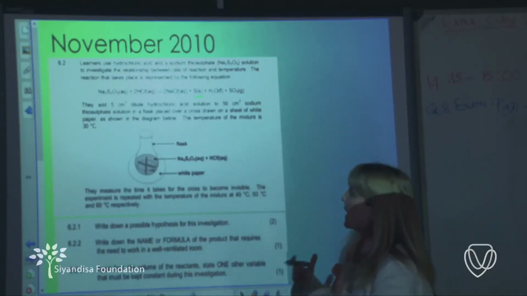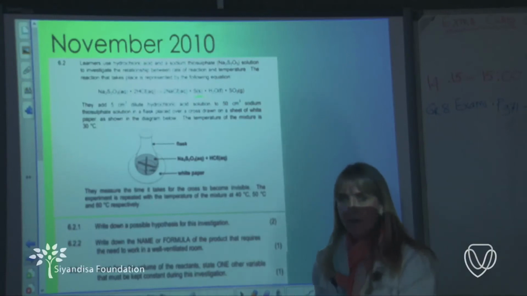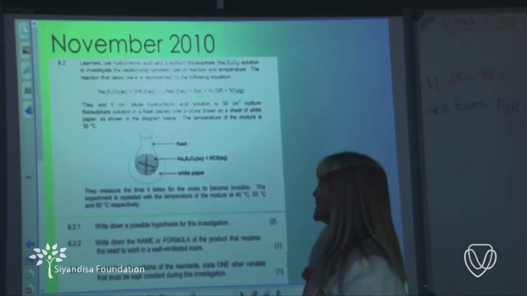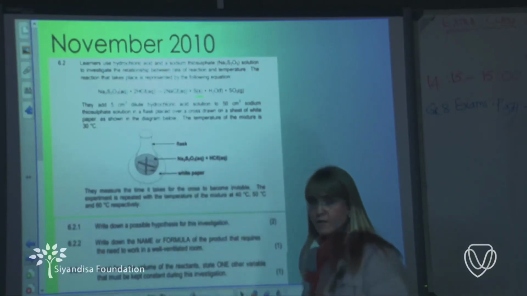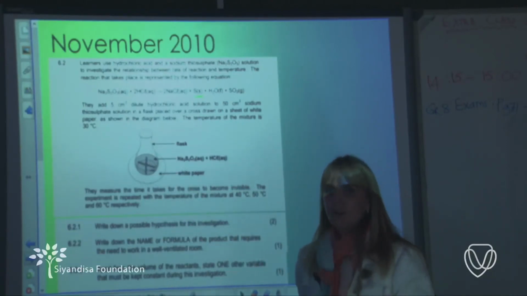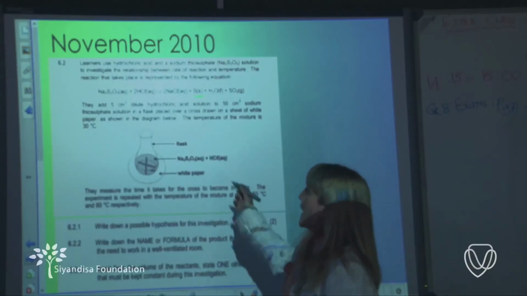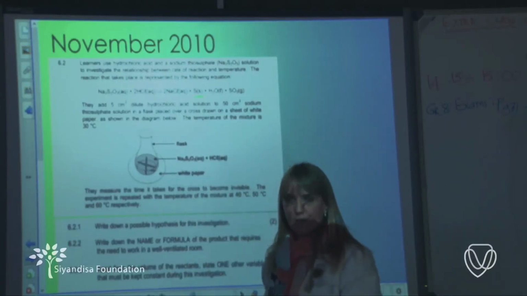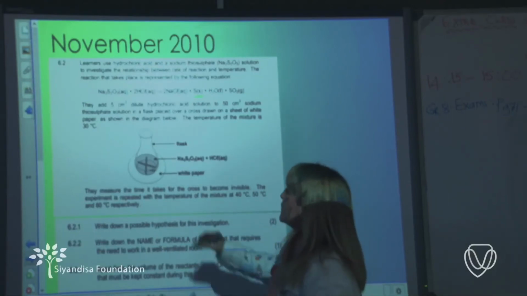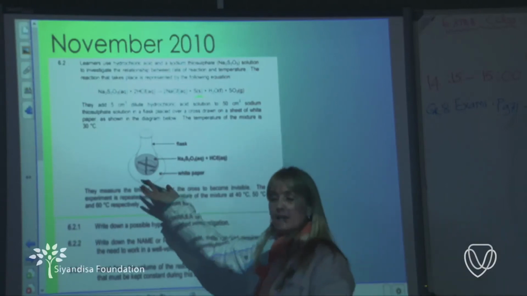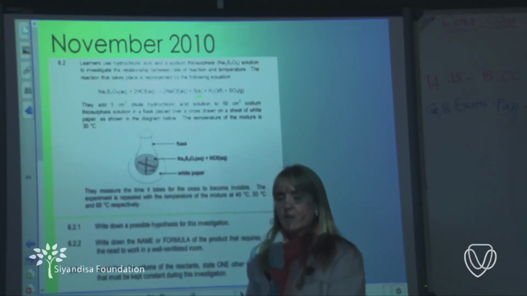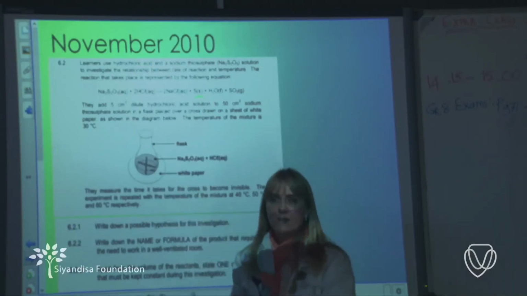So how do we determine the rate of a chemical reaction using sodium thiosulfate? Basically, we take an Erlenmeyer flask or conical flask in which we have placed sodium thiosulfate. We then add hydrochloric acid to that flask and start a timer or a stopwatch and record how long it takes for us to no longer be able to see through the bottom surface of that flask.